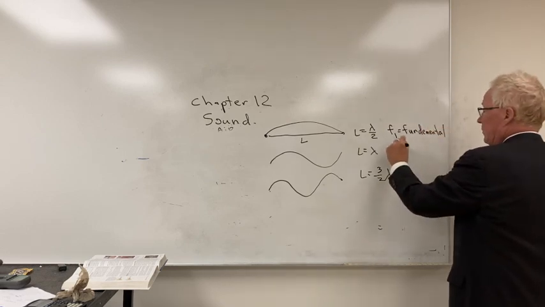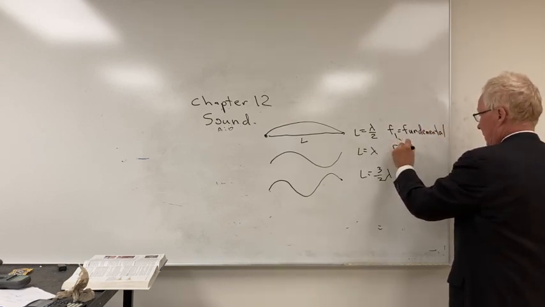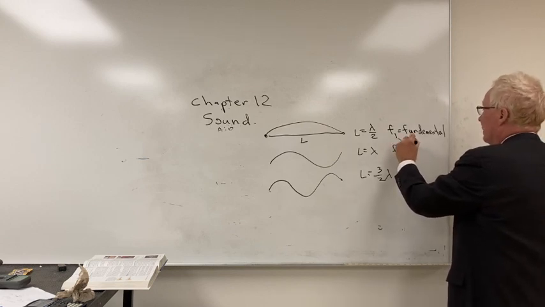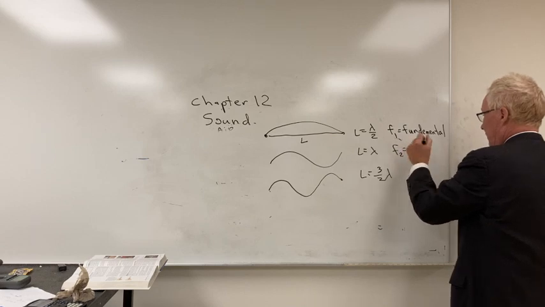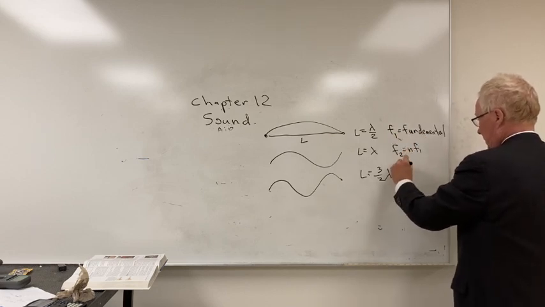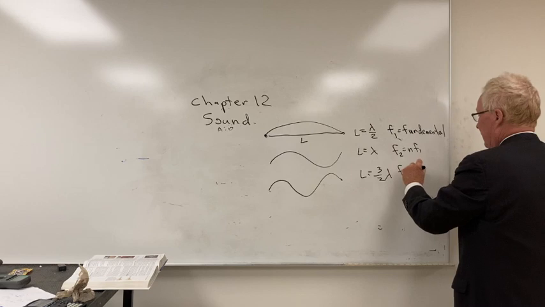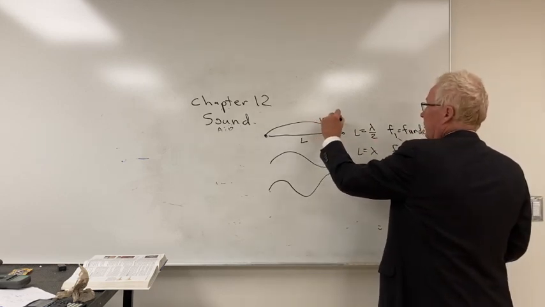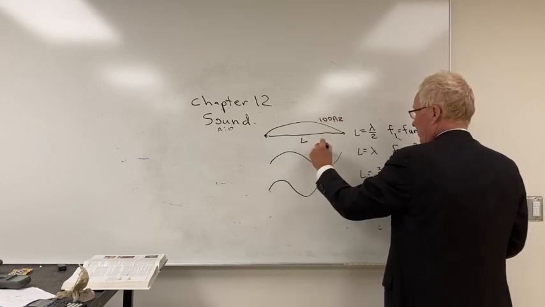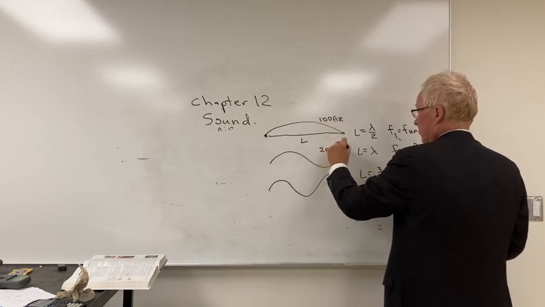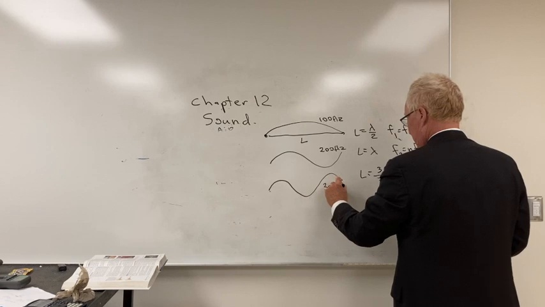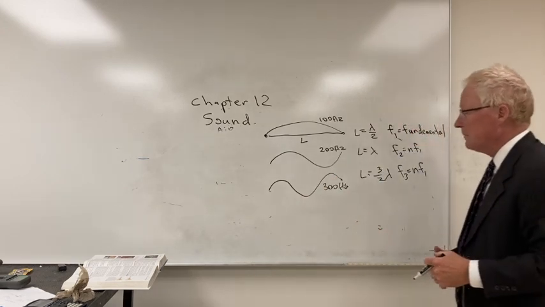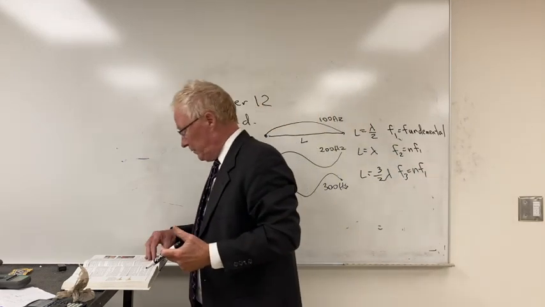The next one is 2, and that would be given by N times F1, and so on. So if the fundamental vibrates at 100 hertz, this would be 200 hertz, 300 hertz, and so on. That's what it would vibrate at.